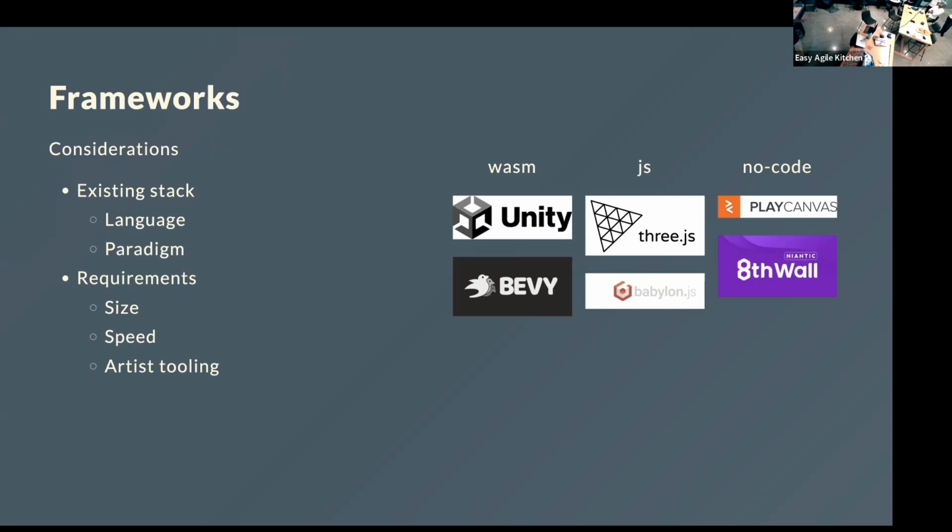That would be one of the considerations. Another one I didn't really touch on was artist tooling. If it's important to allow non-technical people to roll up their sleeves and get into it, then some of these are going to be easier than others. For example, Babylon.js has a more mature editor, so that'll be another consideration.